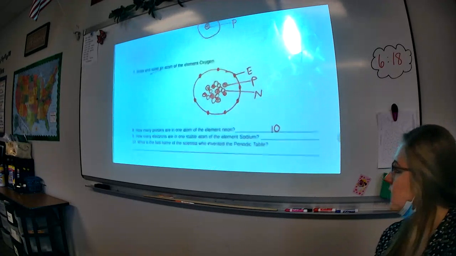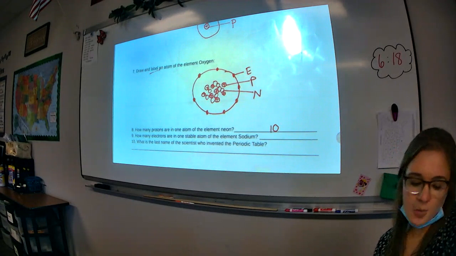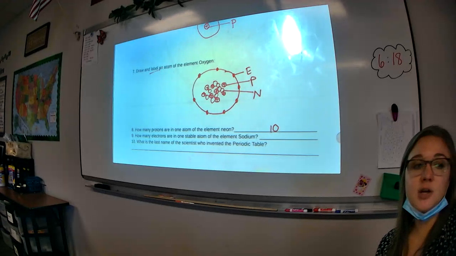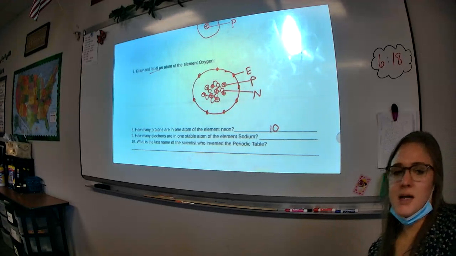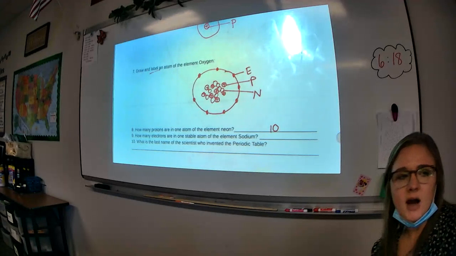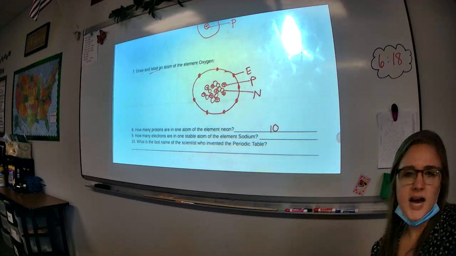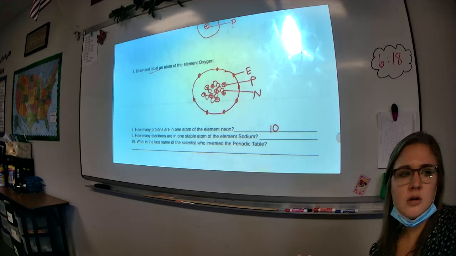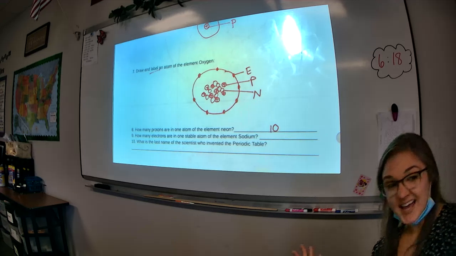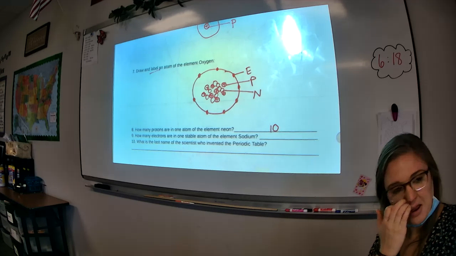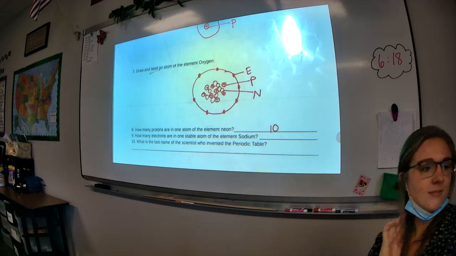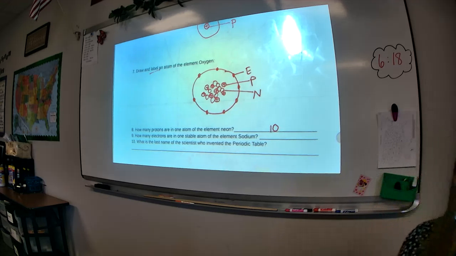Now, the next question. How many electrons are in one stable atom of the element sodium? Now, this is a problem, because the table does not tell me how many electrons are in the atom. How do I figure it out? Sophie? Okay. Why 11? Do you know why? 11 is correct.